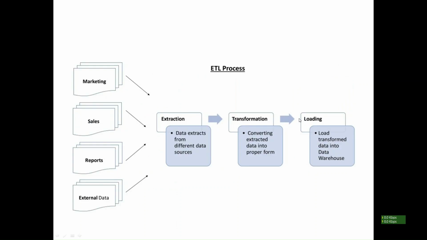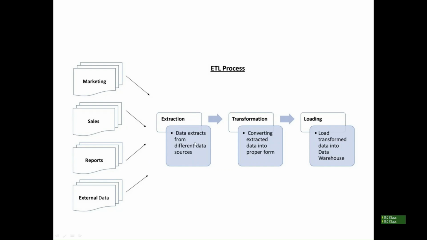Here you will see the ETL process. One will collect a lot of information: marketing information, sales information, reports, external data. All these things are collected, extracted, transformed, and loaded. The information like marketing, sales, and reports is all extracted.